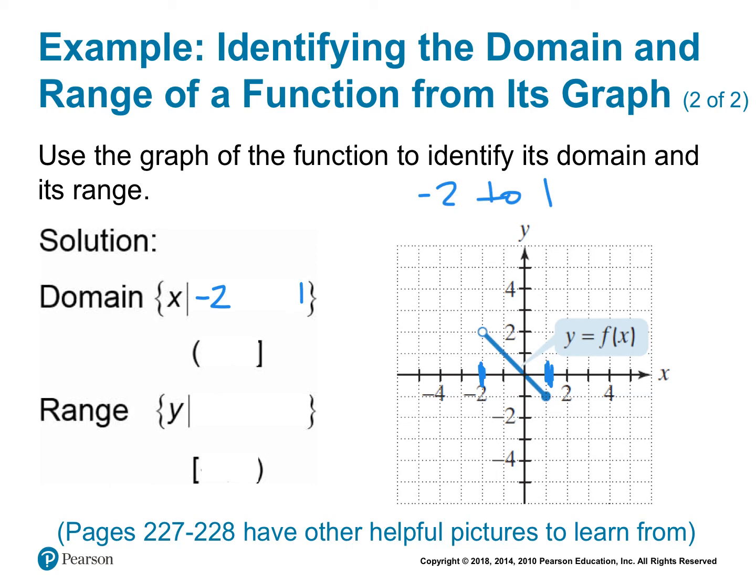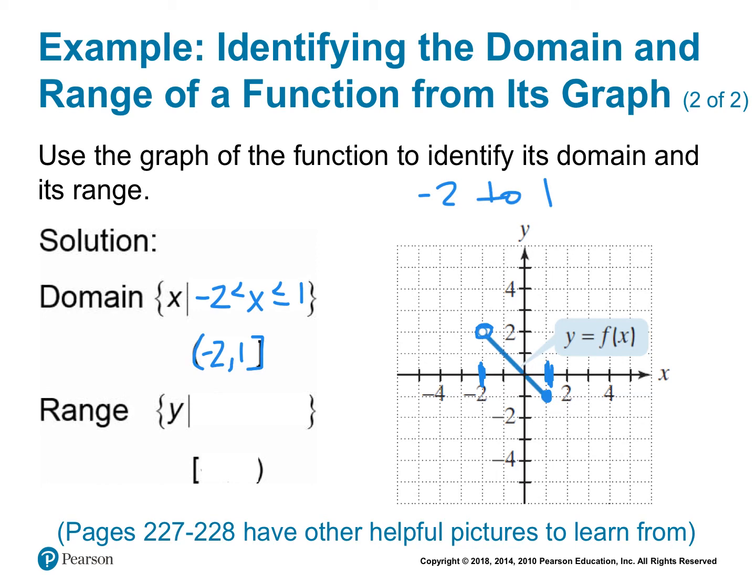It starts with an open circle, so it could not include that. So that's why I have a parenthesis here instead of a bracket. And the x has a closed dot at the end, so it could include the 1. So that's why there's a bracket at the end. So -2 is the minimum, 1 is the maximum.